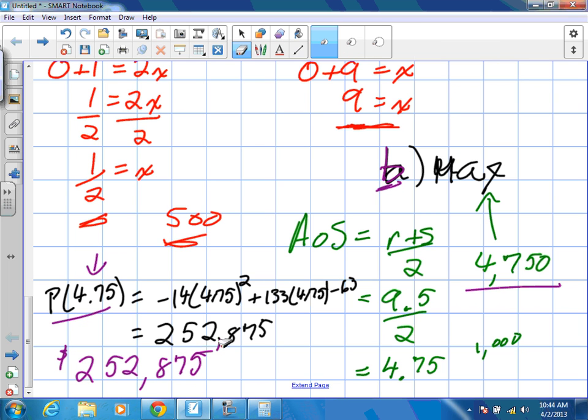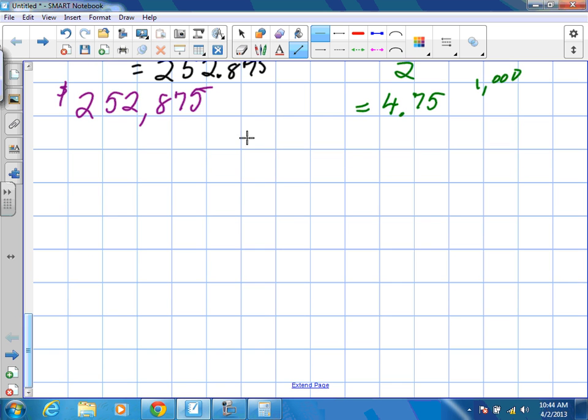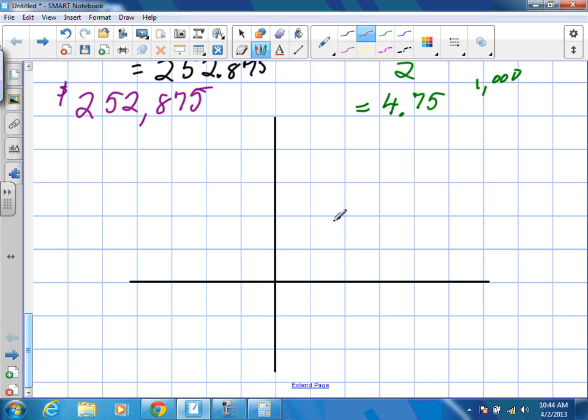So, now that we have these values, we're going to quickly make a sketch graph here. What I mean by sketch is it won't be perfect. We're just going to put our major values on to get an idea. So remember, one of the values was a half. Another value was 9. 4.75 was our max amount.